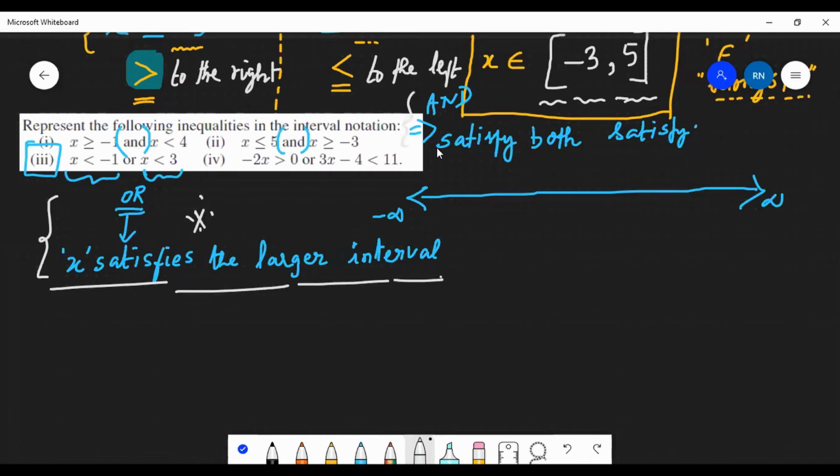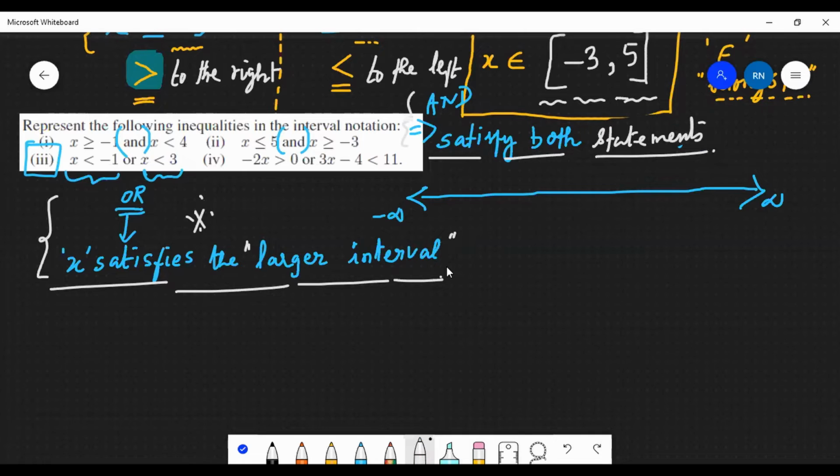For and, it satisfies both. I'm sorry, I made a mistake here. Satisfies both statements. But here it satisfies the larger interval.